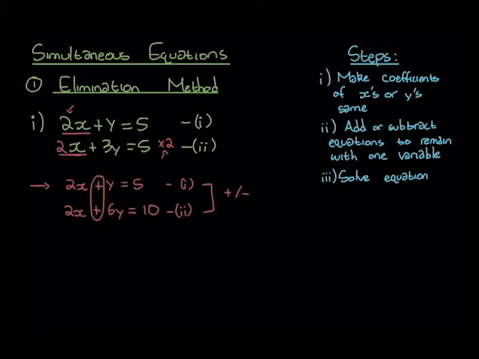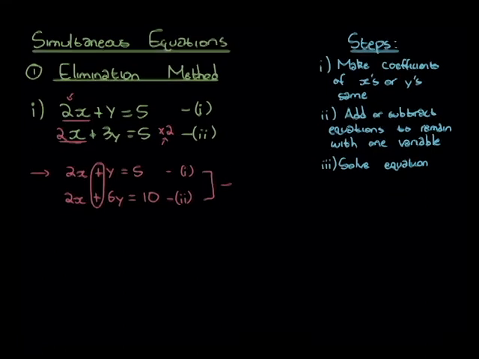If the signs are both the same, we want to subtract the equations. If they're different, for example plus and minus, we want to add the equations. In this case, we have plus and plus, so we want to subtract the two equations.